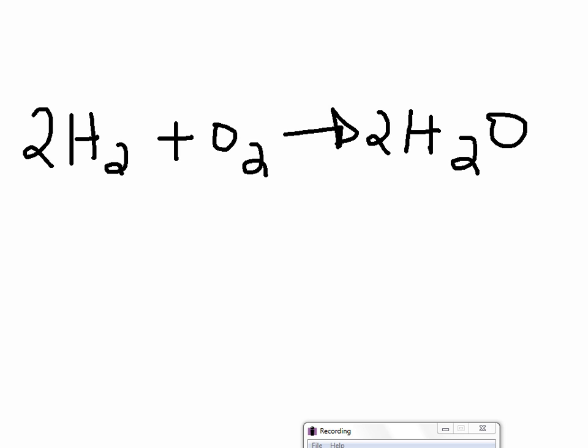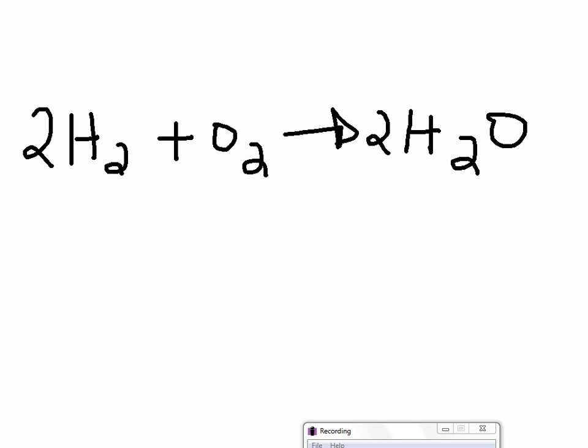You could say 2 molecules of hydrogen gas react with 1 molecule of oxygen gas to form 2 molecules of water. Well, since we know that the mole allows us to relate the microscopic world of molecules to grams, we can also use the mole to describe this.